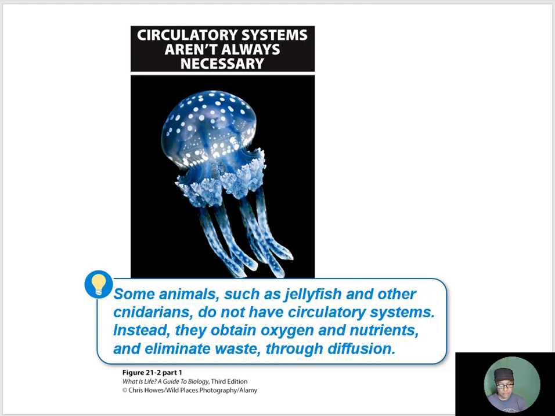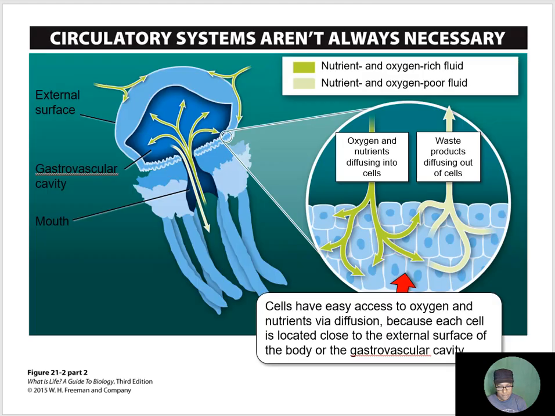Instead, they obtain their oxygen and their nutrients and eliminate their waste through diffusion. Remember diffusion? So you should be starting to put all of these puzzle pieces of information together. It all should start to become very familiar as I add another piece to your knowledge base. So let's see how that happens.